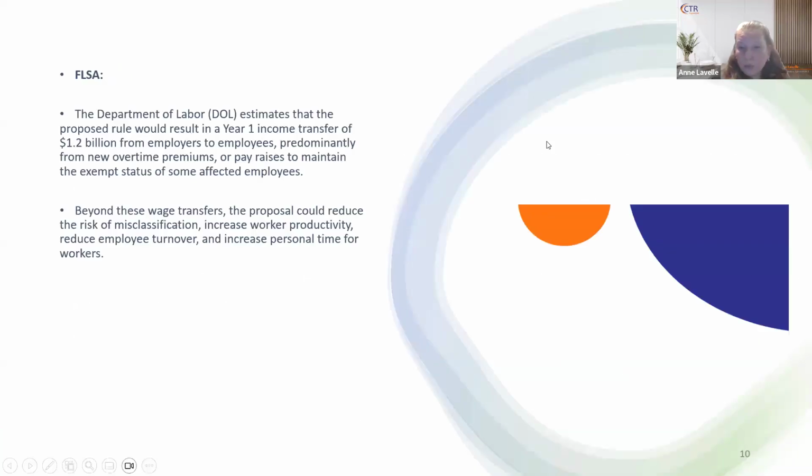DOL estimates that this rule will essentially transfer 1.2 billion from employers to employees in the first year, predominantly in new overtime payments, or by raising the status of folks who maybe don't quite earn enough. Maybe you're going to bump up their salary to make sure that they are exempt.